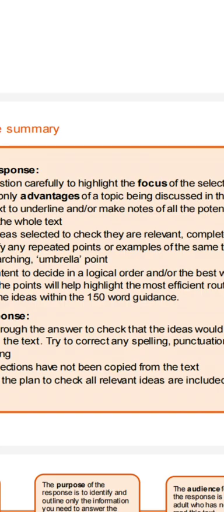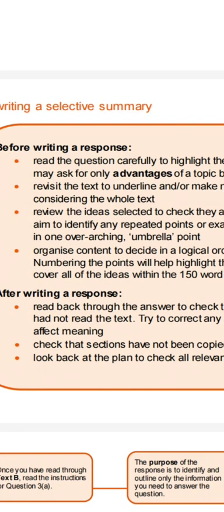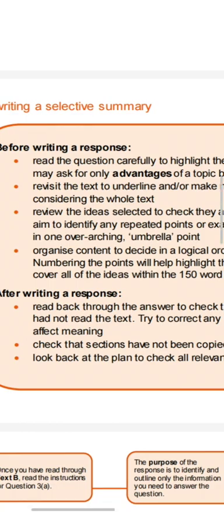So logical order is important. If some advantages are written in earlier paragraphs, use them first and then go for the second one, third one and fourth one. So keep this logical numbering in your mind. And while selecting the ideas, give them numbers 1, 2, 3, 4, 5, and then use them accordingly in your answer.